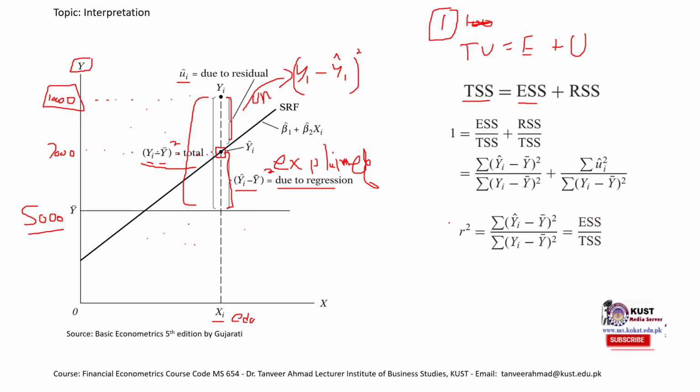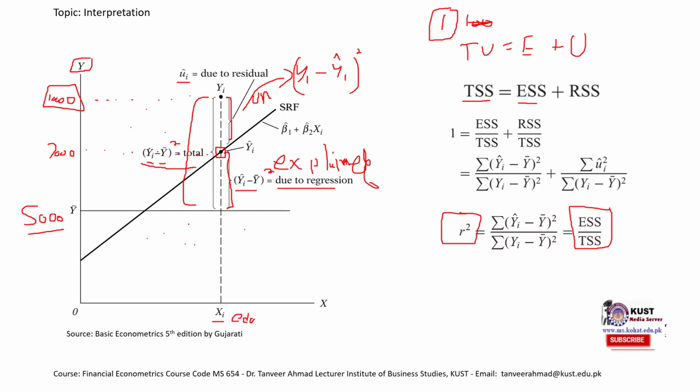So if we find the formula of r square, then r square would be the percentage or ratio of the explained sum of squares divided by the total sum of squares. Remember, this part is the explained part. This is the explained variation, and if we wanted to give it a percentage with regard to total variation, then what would we do?